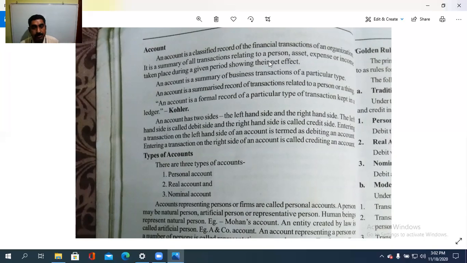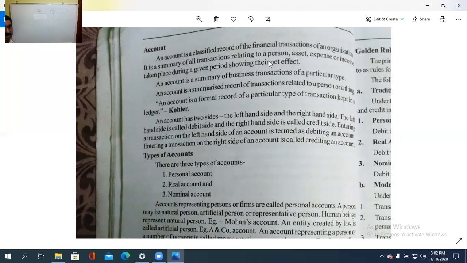Then there are types of accounts. But one more thing first: accounts have two sides. See, this is the form of an account, the T form account. An account has two sides. The left hand side is called the debit side and the right hand side is called the credit side.